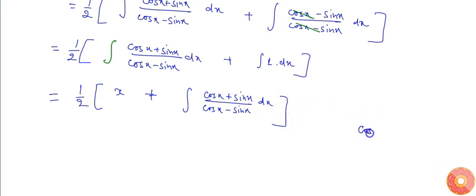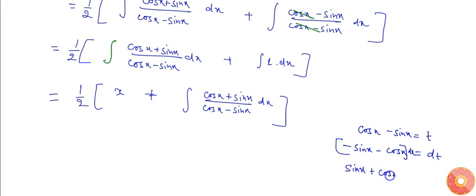So let cos x minus sin x equal t, then its derivative, minus sin x minus cos x dx, equals dt, or I can say that sin x plus cos x dx equals minus dt. Substituting in the expression, I'll find that the integration will transform into 1 by 2 times minus dt by t.